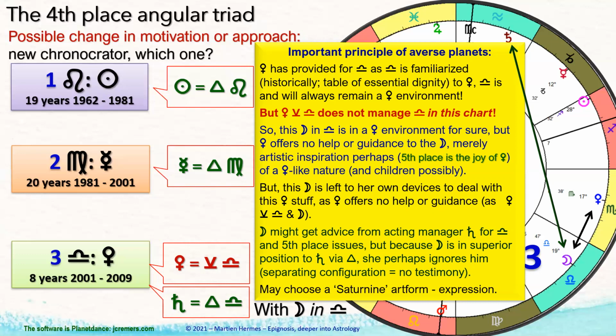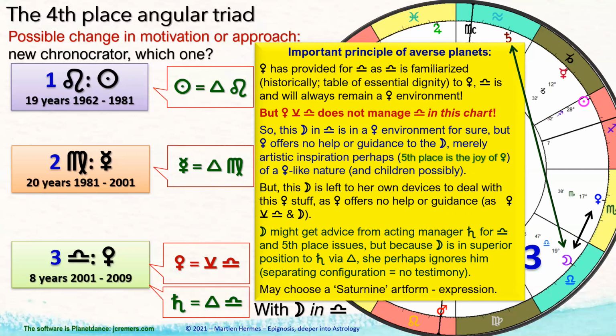So I hope this will give some insight into how an averse planet is not the manager of a certain place, but it still has the characteristics of the normal dispositor of a certain image. So the fifth place, being Libra, indeed still has Venus-like significations, but in this chart, Venus is not the manager of this place.